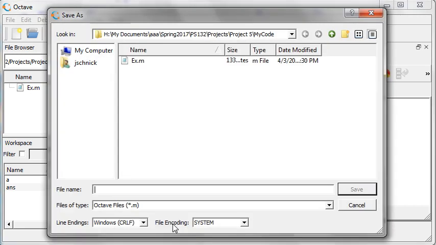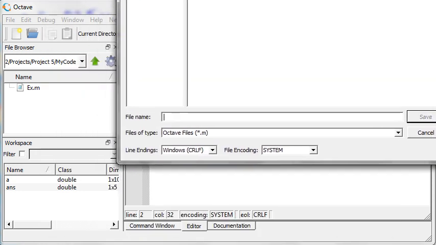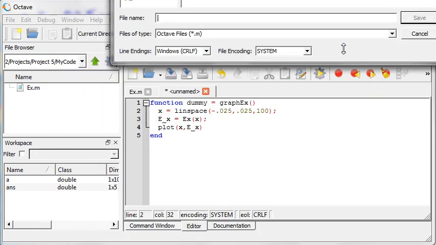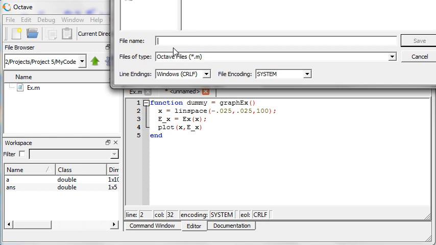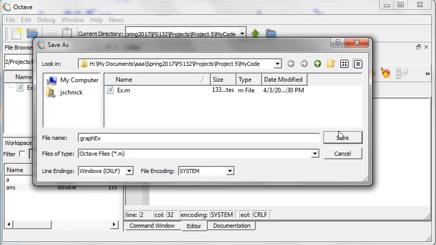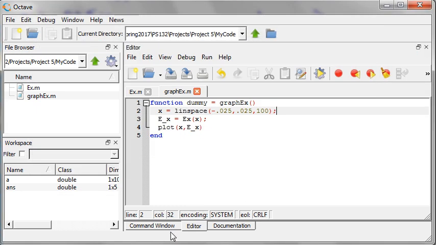Control S. I think I want to graph. I'm going to type in graph. Gotta keep the name the same as the function name, graph EX. Alright, that looks good. Save it. I'll look at this other function.